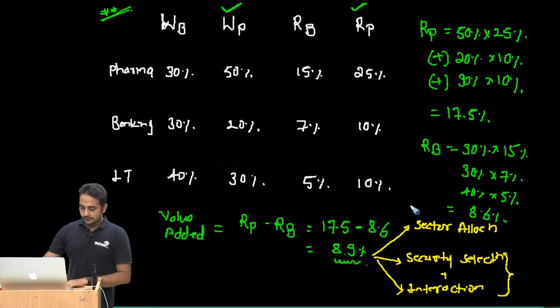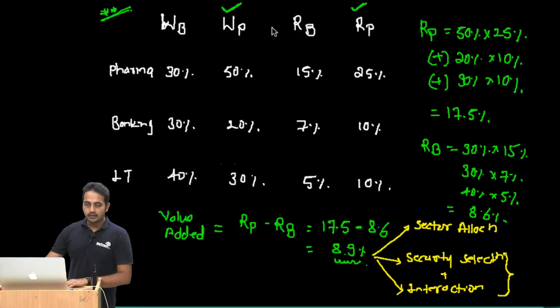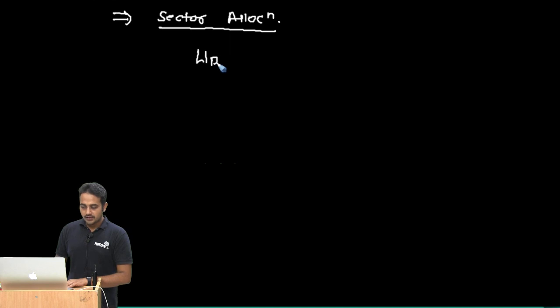So I'm going to plot everything else again one more time. I'm going to plot return on benchmark. So before I do that, now what we are trying to do is we are trying to find out how much of that return has come through sector allocation. So I'm going to replot that table in the similar fashion. So weight on the benchmark 30, 30, 40.